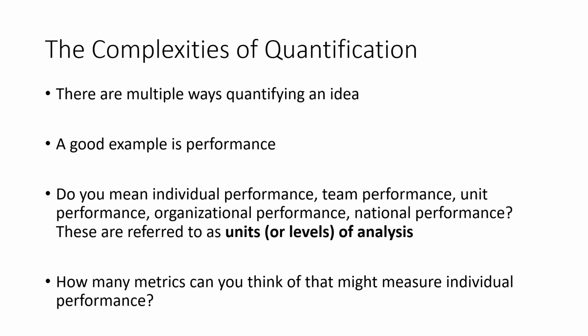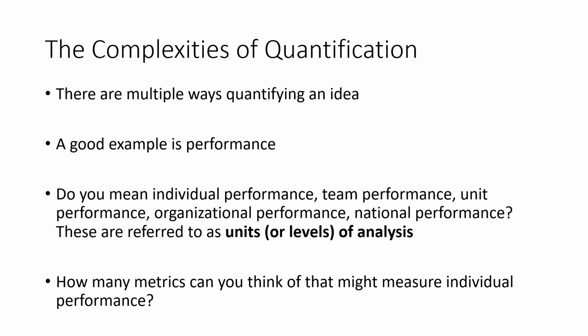Quantification is no easy task. It's very difficult to do accurately. And the reason it's difficult is that there are multiple ways of quantifying a single idea or a single construct or a single variable. A good example here would be in relation to the question of performance, right?